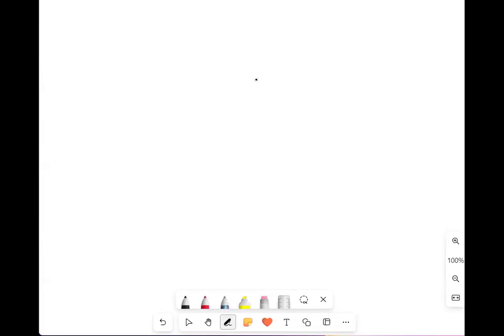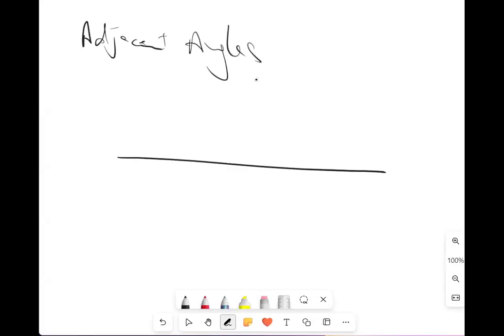Yes, sir. You're going to hear about adjacent angles, right? So if you have a line here, and here's an angle there, and here's an angle here, and let's say these are the same. Actually, they don't have to be the same.